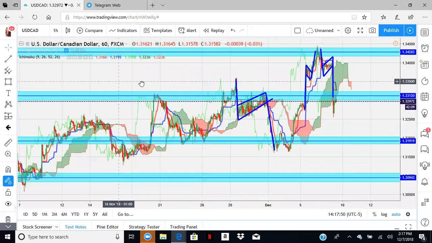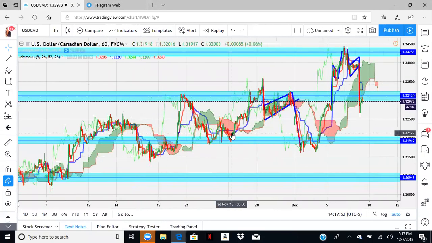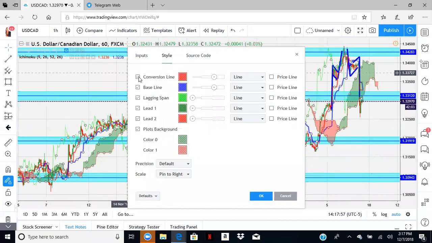It's a lot going on. I'm not a fan of it. So what I did, I removed the conversion line, the baseline, and the lagging span. So it's just the cloud itself.